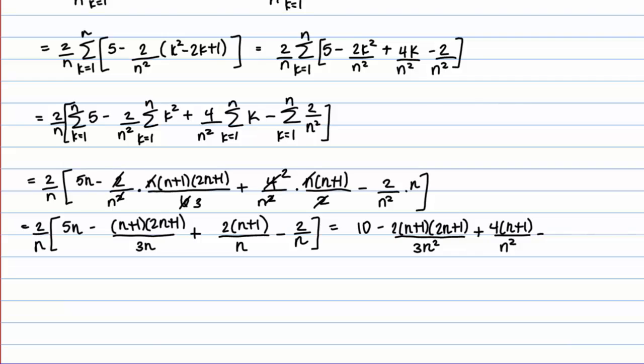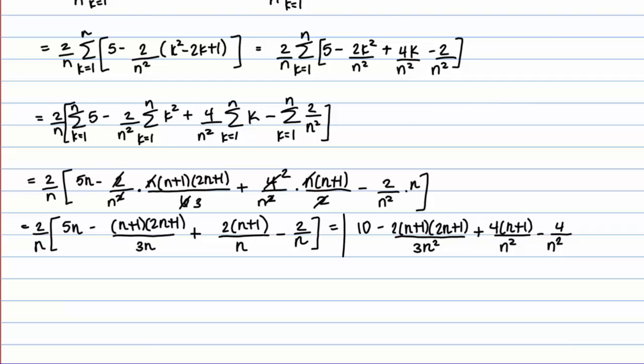There's so many terms, right? This should not be a 10n. It should just be a 10. Okay, so just 10 because the n's cancel. Okay, and then my last term, 4 over n squared. Okay, so that's a big old mess, but that's our answer.